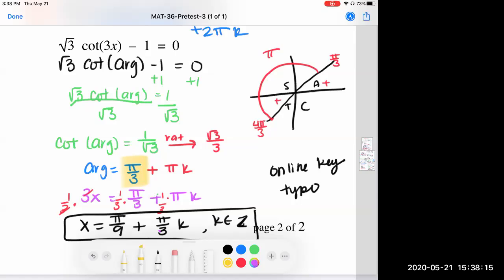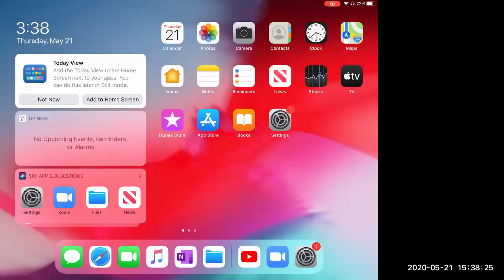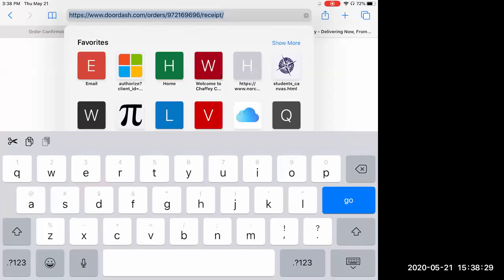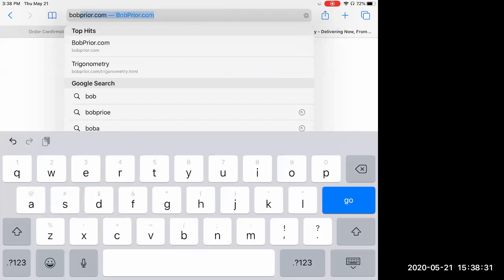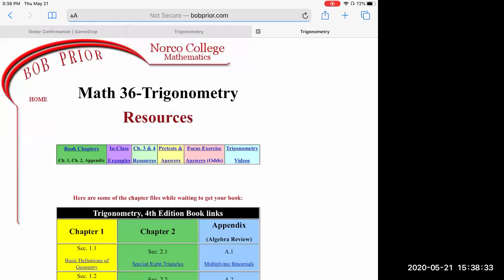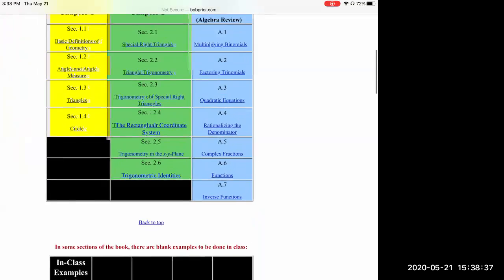All right, so we got over the entire review. And just to emphasize, in case you want to see it written differently, you also have access to the key on, not DoorDash, at bobpryor.com. And you can go ahead and see the answers for your questions.